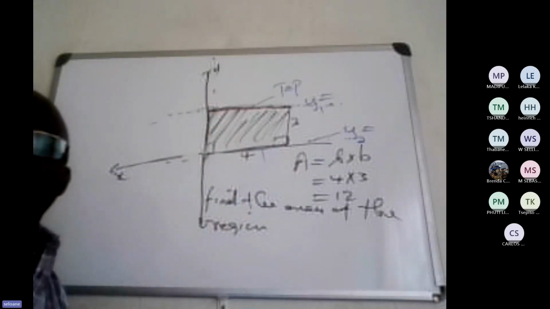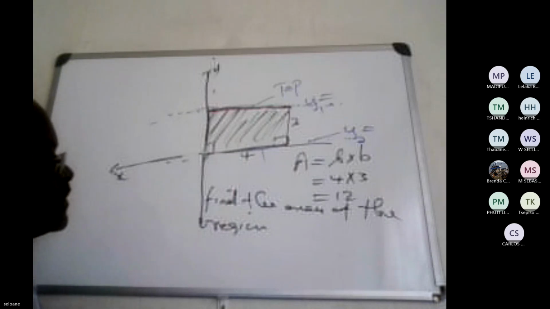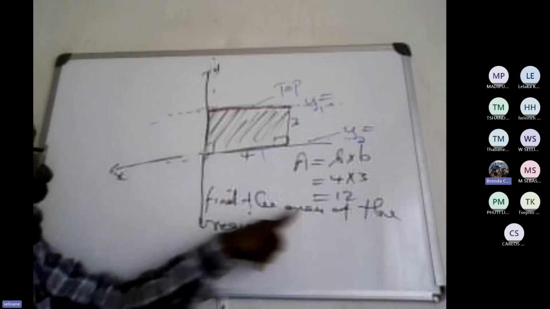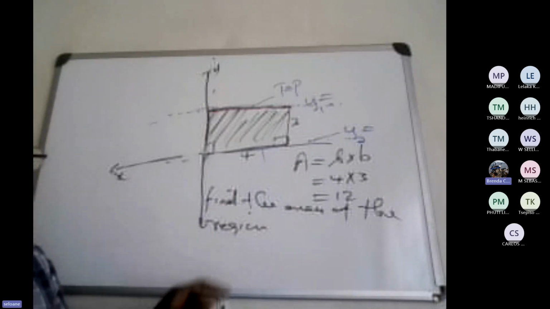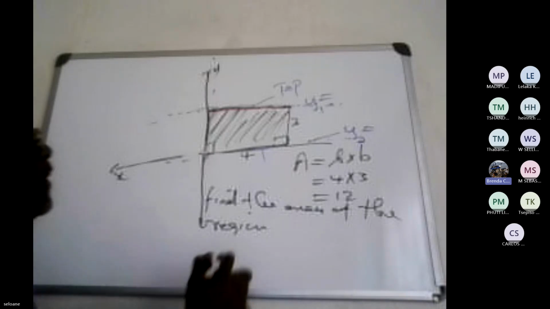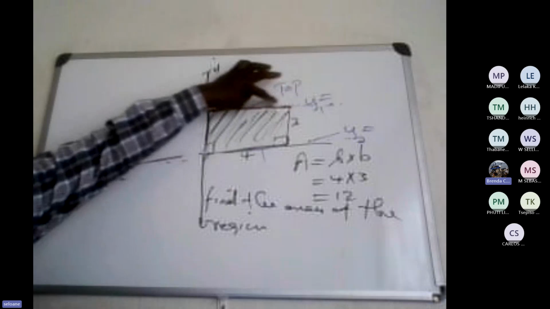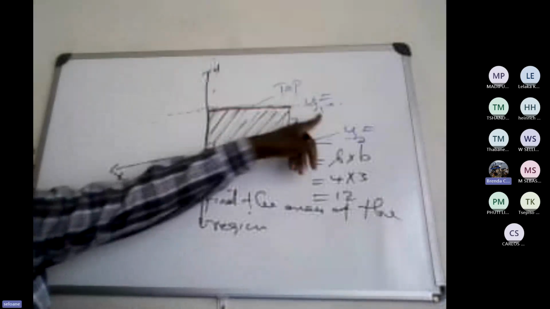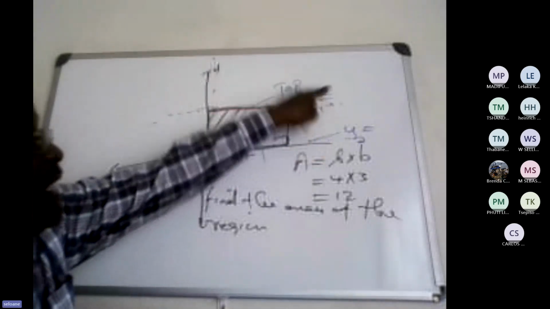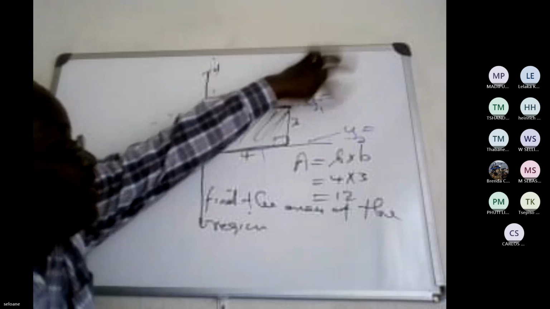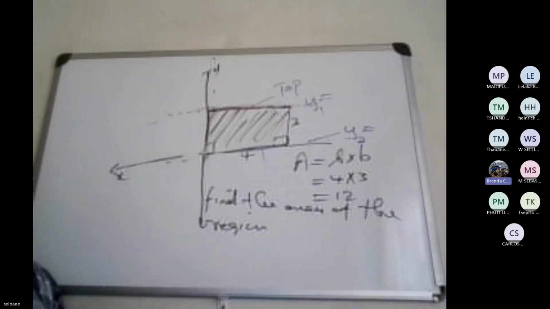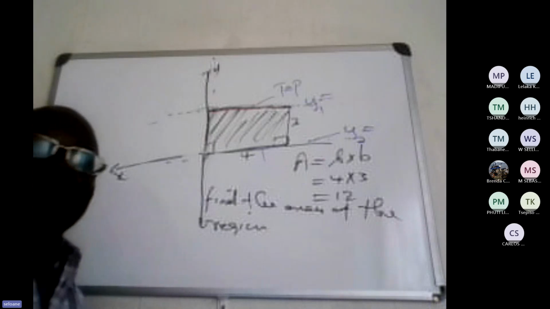Anybody name any? I think Y1 is the upper bound. What is Y1? I think it's 4, if it's the same height, same length. I don't agree with you.